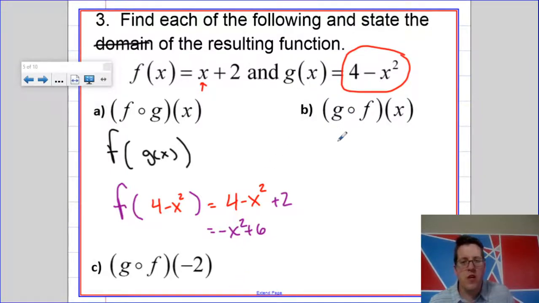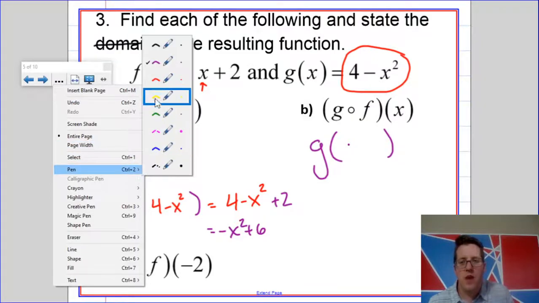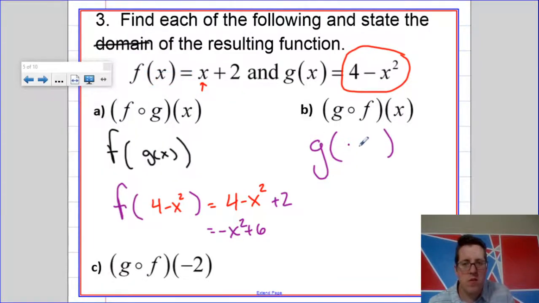Okay, now g of f of x would be g of f of x. I think color coding this makes it easier. I hope you feel the same way.